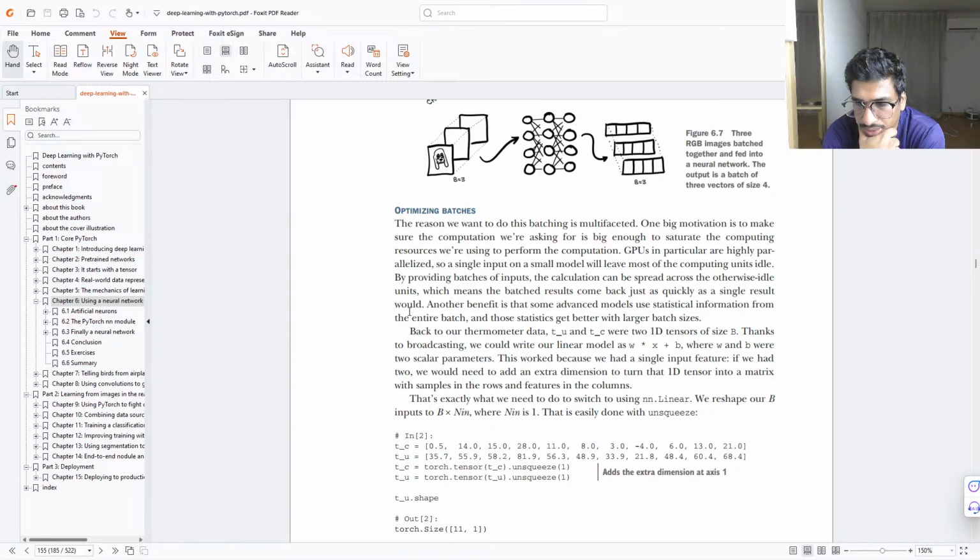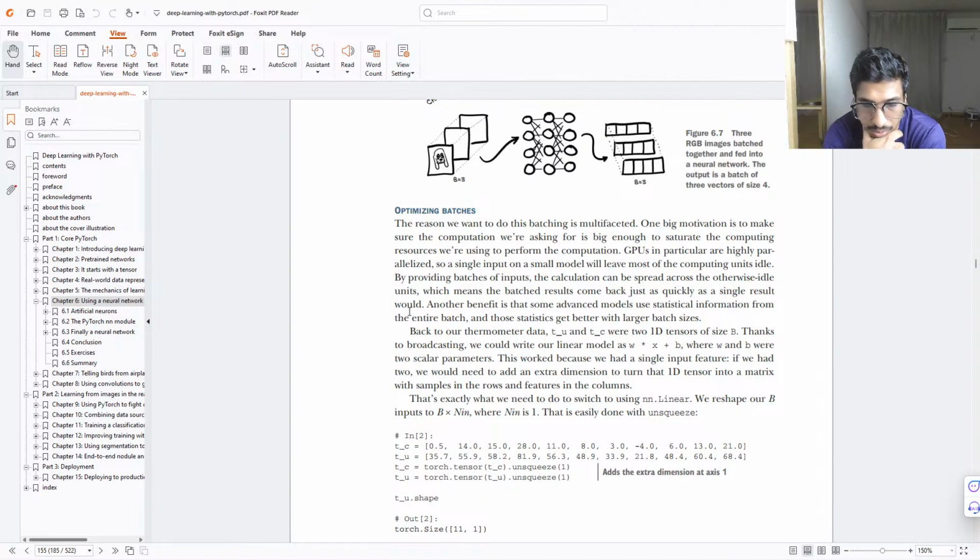This worked because we had a simple input feature. If we had multiple features, we would need an extra dimension to turn that 1D tensor into a matrix with samples in the rows and the features in the columns. That's actually what we need to do to switch to using nn.Linear.